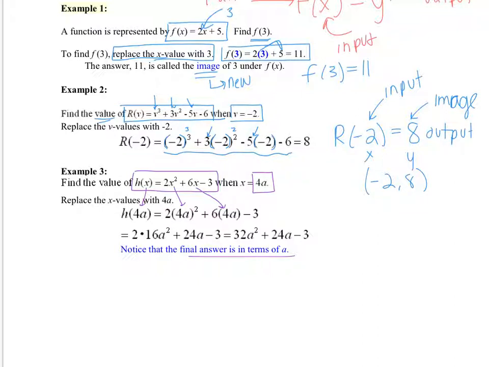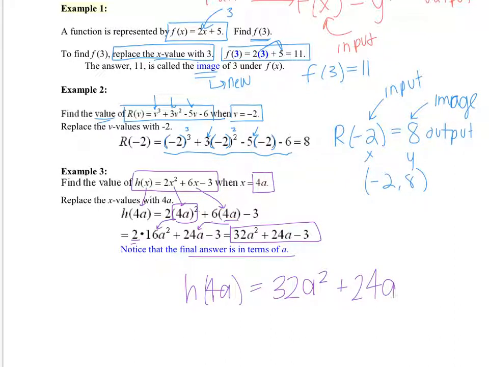So my next step, I have 2 times 4a squared. Well, 4a squared now becomes 16a squared times 2 in front. 6 times 4a becomes 24a, and then the minus 3 just stays. So final answer, h of 4a is equal to 32a squared plus 24a minus 3.